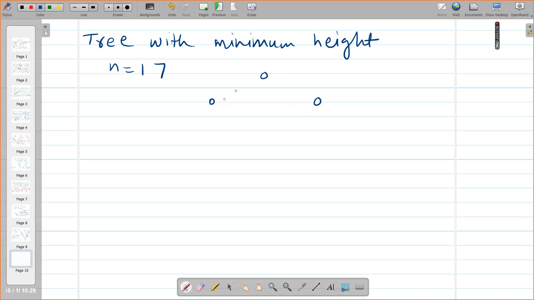What is the capacity of each level? Maximum how many vertices you can put at nth level? 2 raised to n.